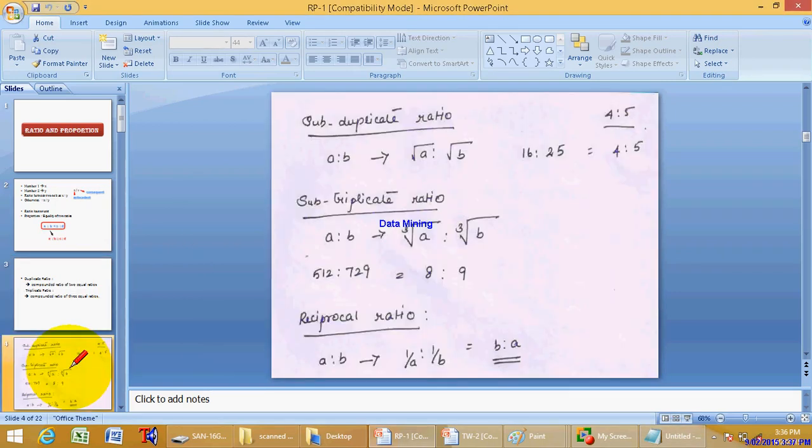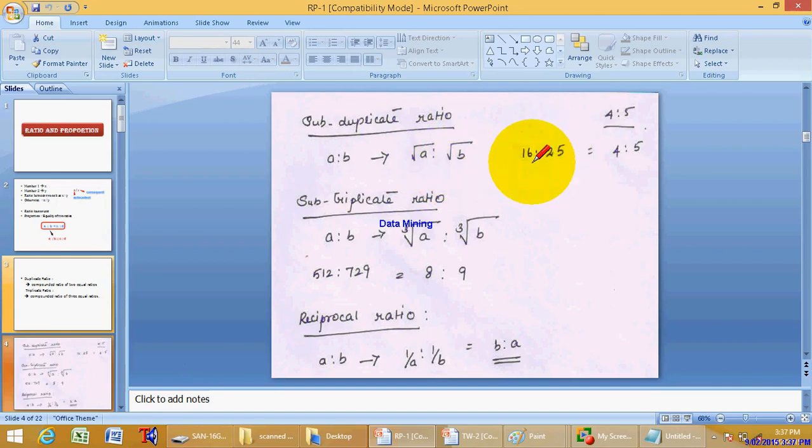From this we can derive other types of ratio: from duplicate ratio we can derive sub-duplicate ratio, and similarly, from triplicate ratio we can derive sub-triplicate ratio. So the sub-duplicate ratio of A is to B can be defined as square root of A is to square root of B. Here is an example.